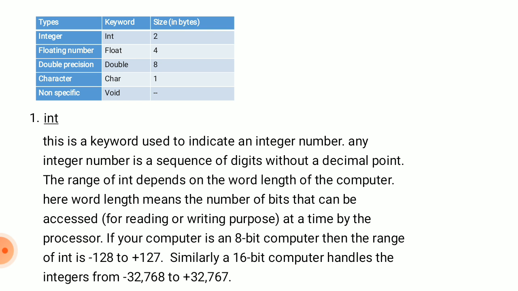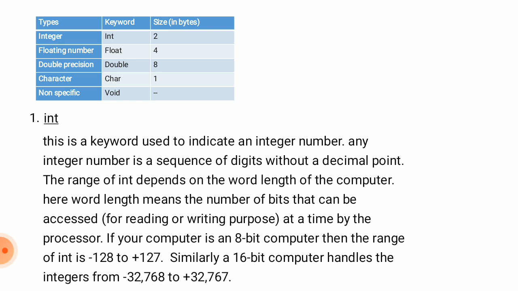And the last one is a non-specific data type, and the keyword is void. As I told, it does not specify anything and it does not return anything. So int provides 2 bytes of data, float 4 bytes, double 8 bytes, char 1 byte, and void does not return or specify anything.